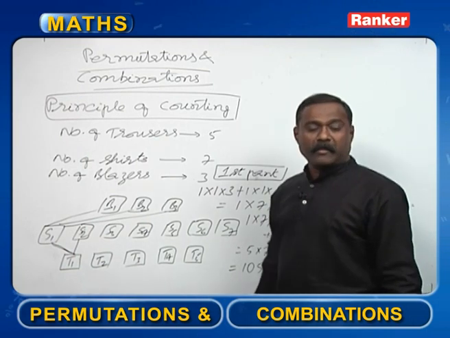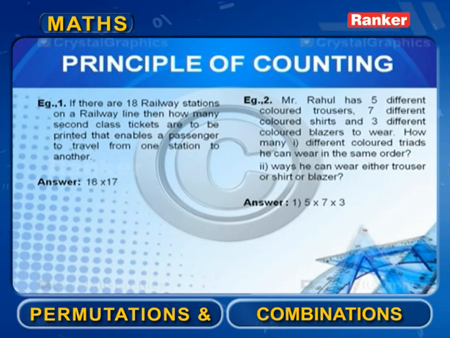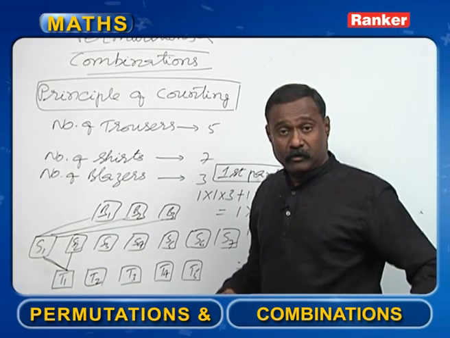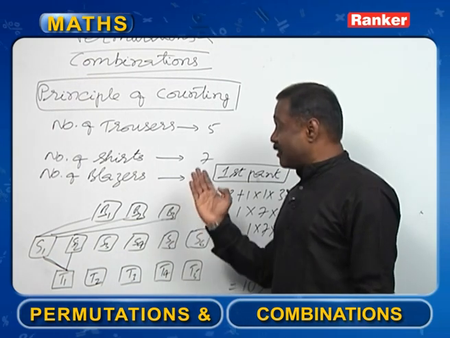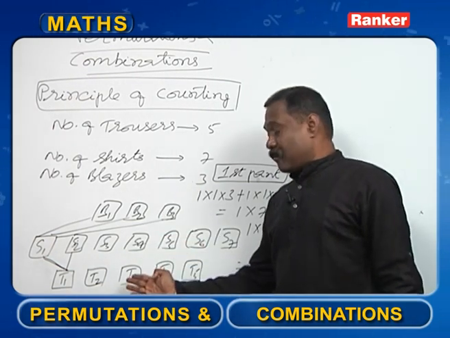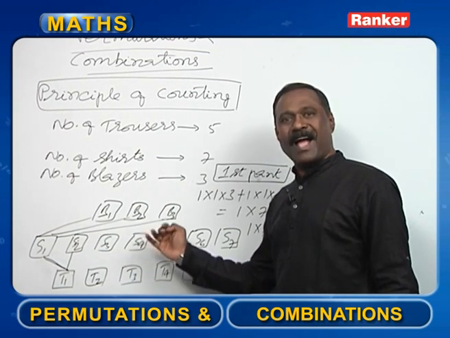Now, coming to the next question, please go through that. How many ways can he wear either trouser or shirt or blazer? The first case is trouser and shirt and blazer.